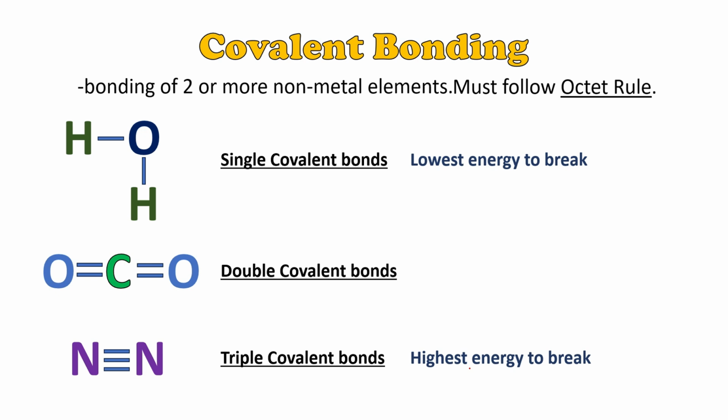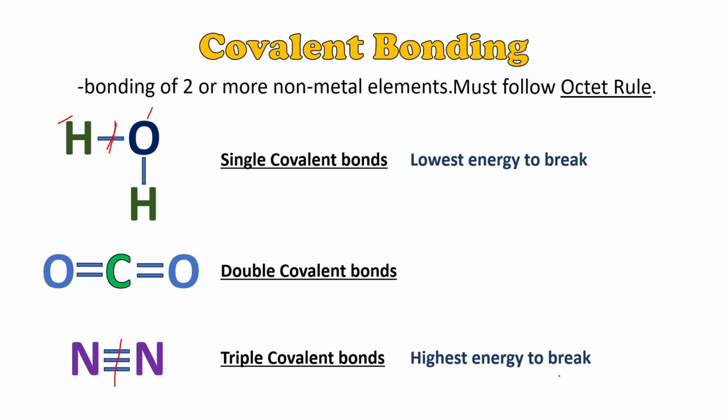So if you want to break this nitrogen gas, or N2, it will be harder compared to breaking this hydrogen and oxygen here. Taking away the hydrogen will be much easier compared to breaking the two nitrogens away from each other.